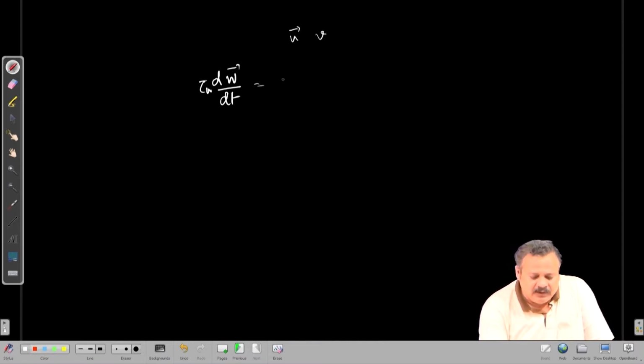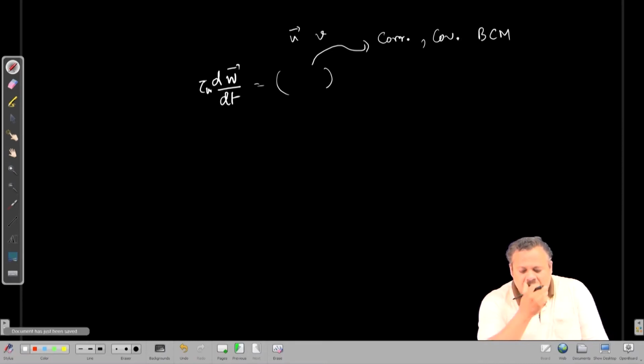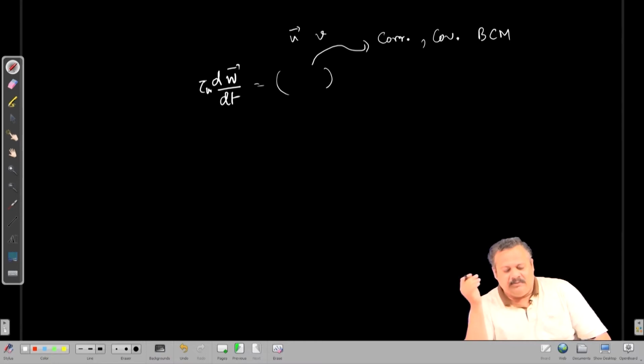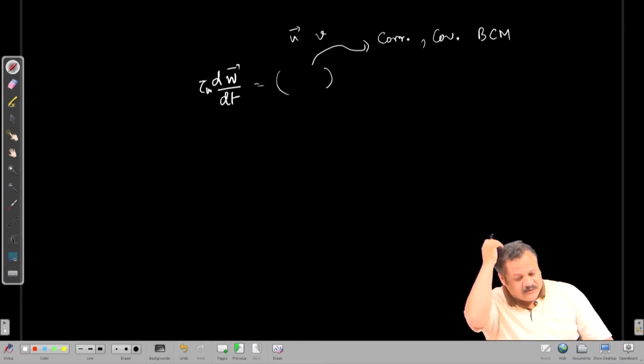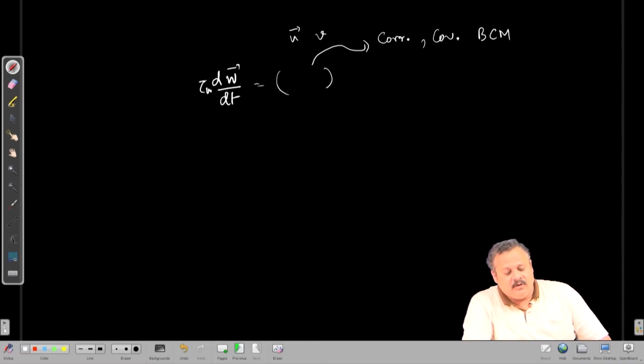And so the rules that we have considered are the correlation based rule, the covariance based rule, and the BCM learning rule. And we saw that the BCM learning rule overcomes most of, rather all, the problems that are associated with the Hebbian correlation based learning rule or covariance based learning rule, and appears to work very well.